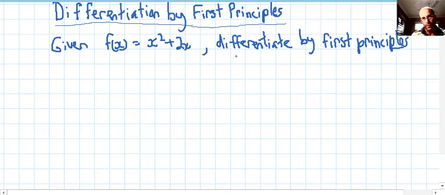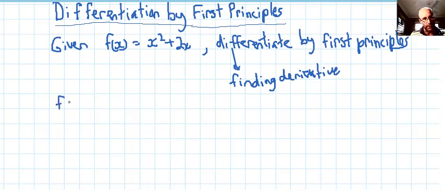So that's what we're going to do. In other words, that's finding the derivative using first principles.